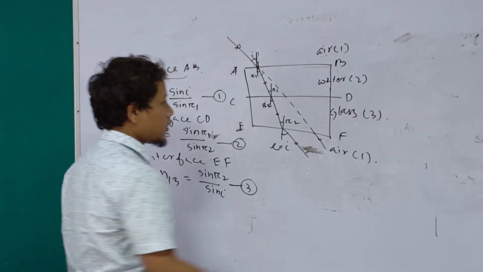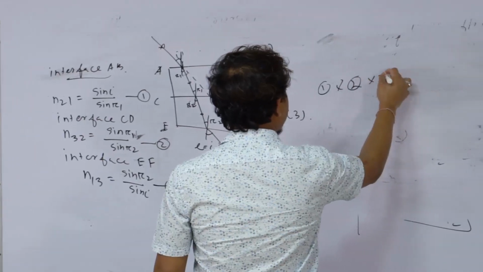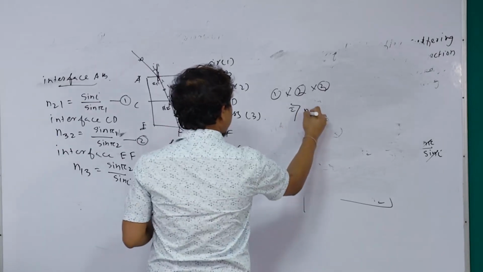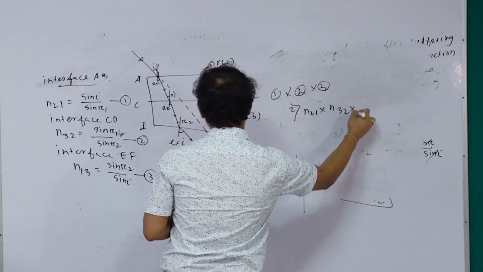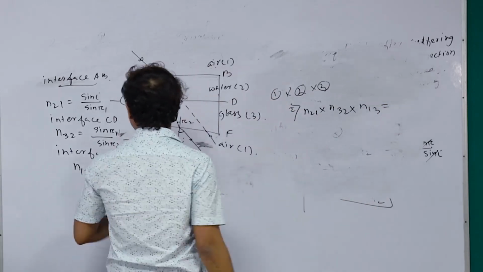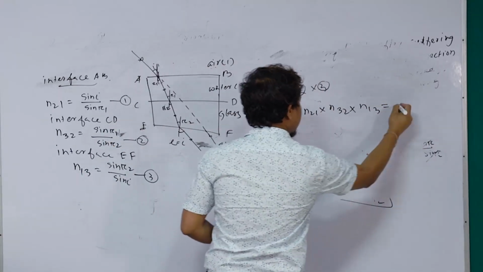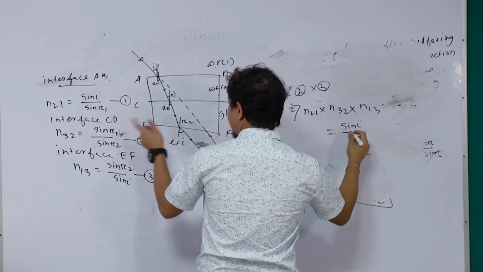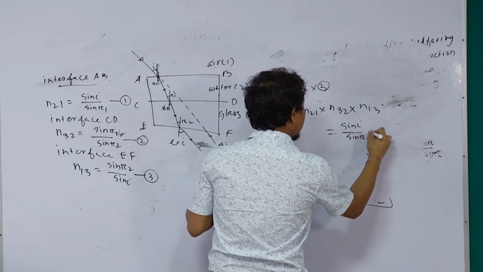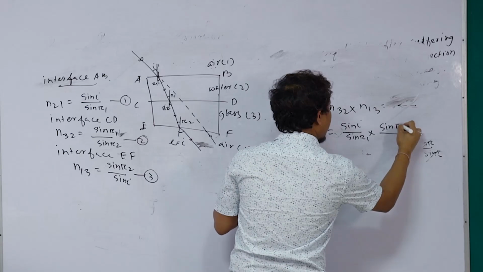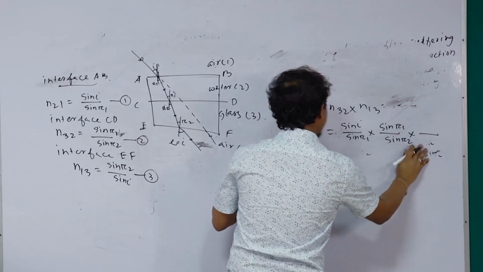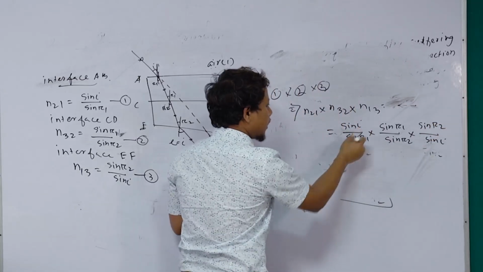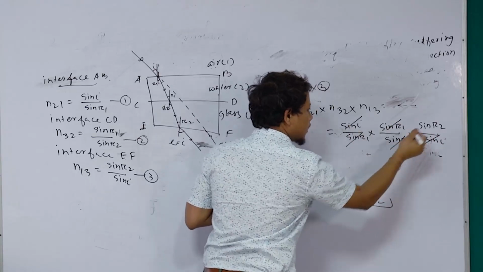If we multiply all these 3 equations, we get n21 multiplied by n32 into n13, equal to sin I divided by sin R1, into sin R1 divided by sin R2, into sin R2 divided by sin I. Now sin R1 cancels out, sin I cancels out, sin R2 cancels out.